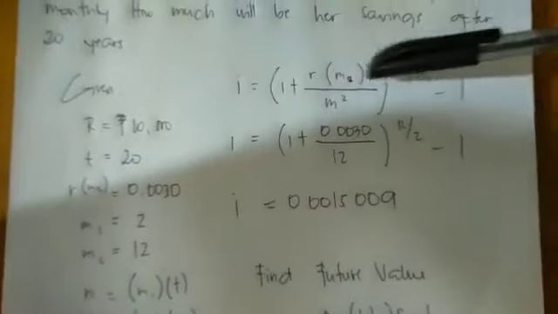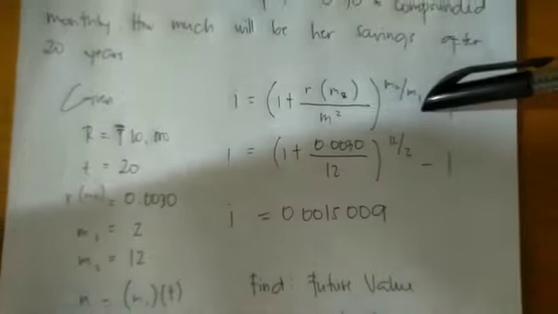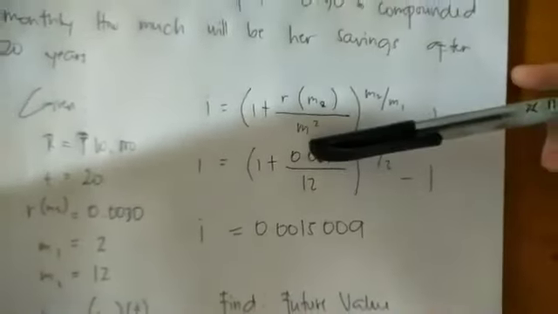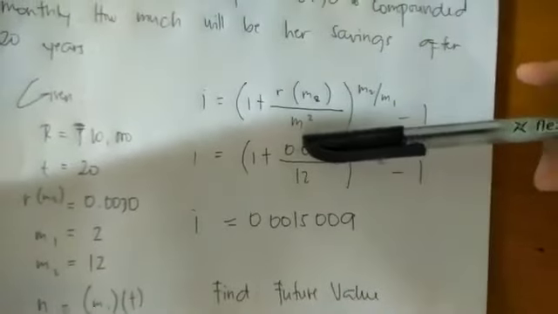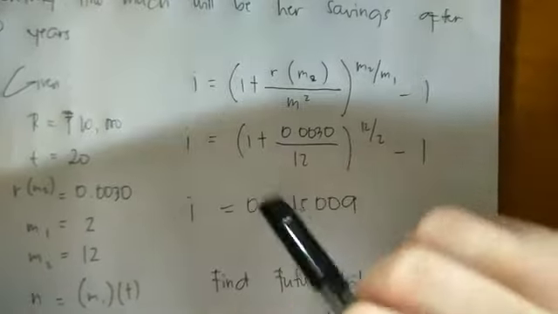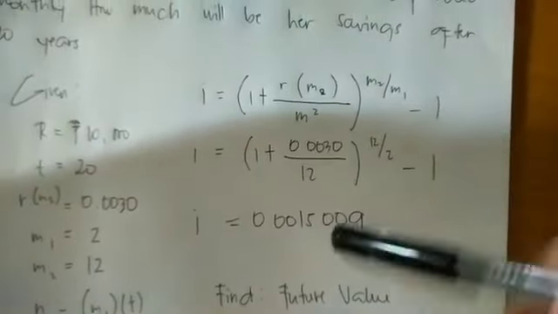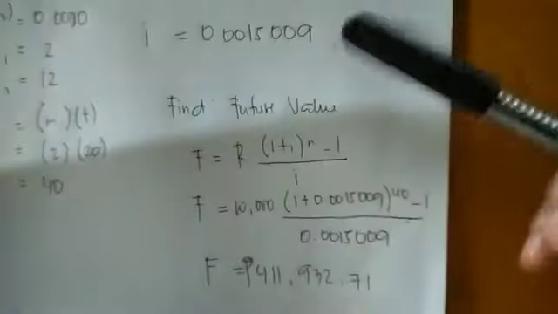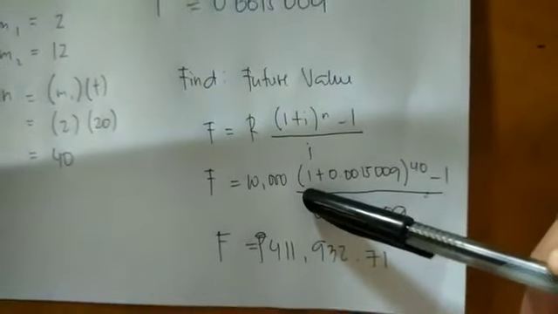This is the formula for i, and we're going to solve it like how we did in example number 1. The result would be 0.0015009. That's the i.